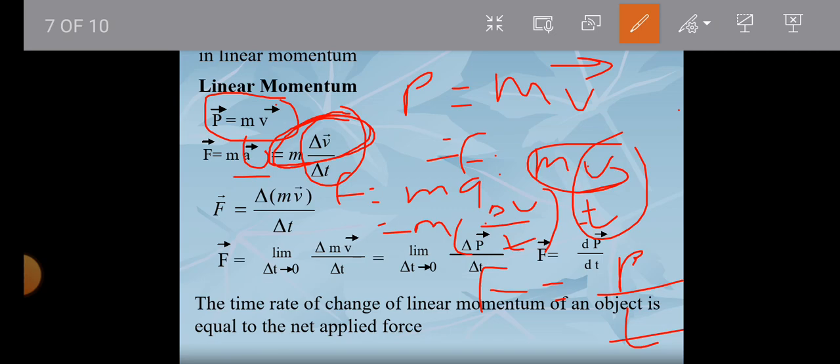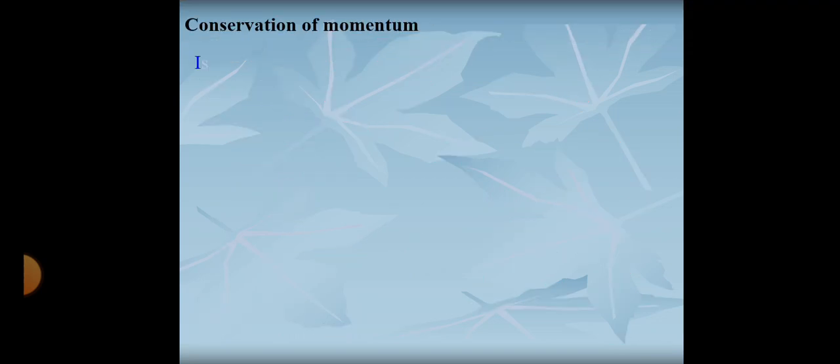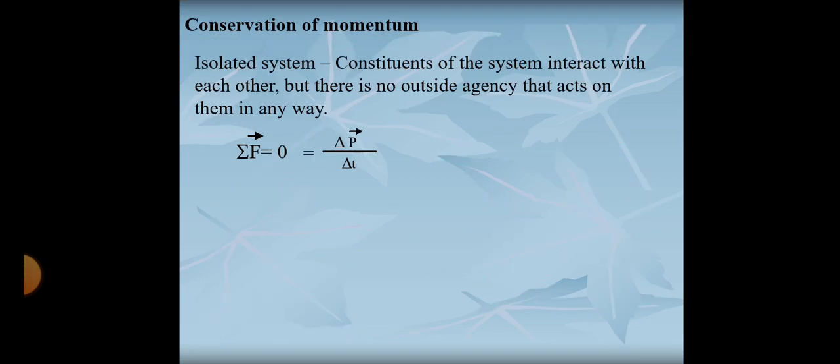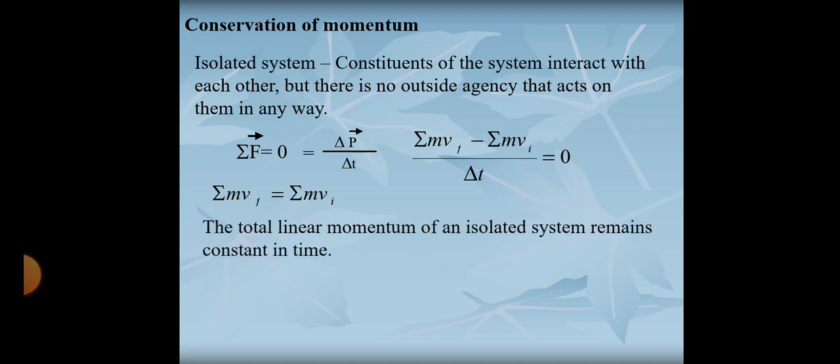When something is over t, it is a rate of change. Power is the rate of change of work, because I can say that power is equal to W over t. So, conservation of momentum.